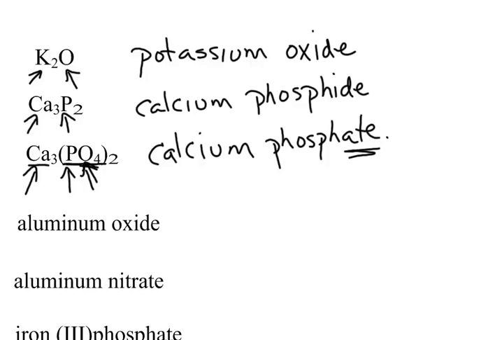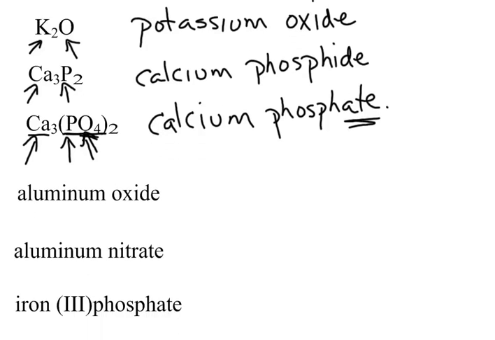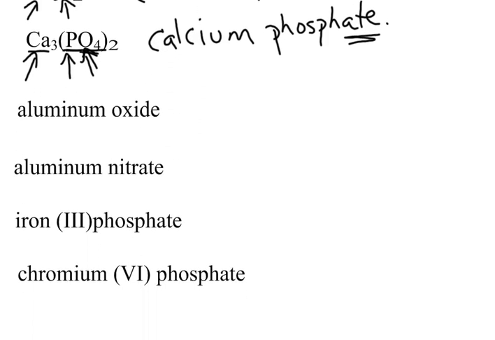Alright? Now going down to writing formulas for these, there are a few little tricks that go with that. You remember, when we're writing the formulas for these, that we put down the element symbol and the combining capacity. And then oxide, of course, is oxygen. That's O minus 2.